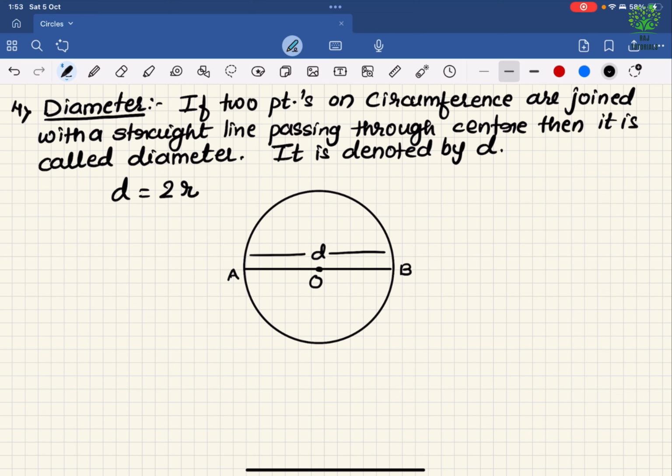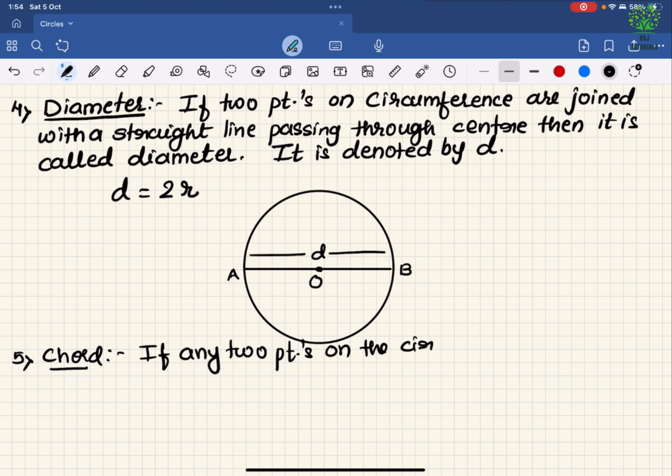Then coming to the fifth point, that is chord. If any 2 points on the circle are joined, then it is called a chord.